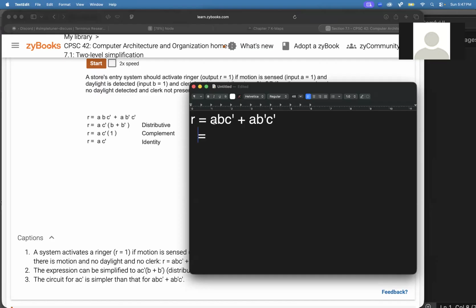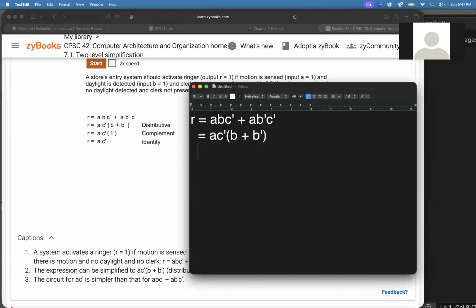If you look at this, this expression has an A, and this expression has an A, and this expression has a not C, and this expression has a not C. So you'd be able to factor out the A and the not C. If you did that, you'd be left with the B from the first expression, and not B from the second expression.